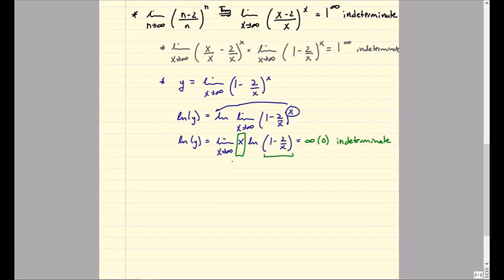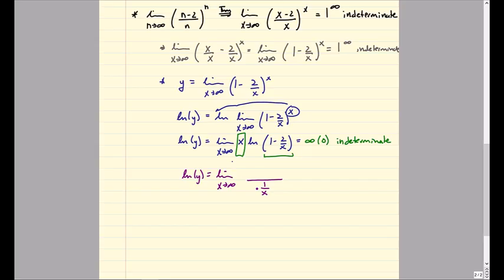So what I'm going to do is rewrite this so I can get it into a L'Hopital's form. Now, if you want it in a L'Hopital's form, you need a numerator and a denominator. So I have the limit here as x approaches infinity. And this x that's out front, I can rewrite as 1 over x in the denominator, because when you divide by a fraction, you multiply by the reciprocal.